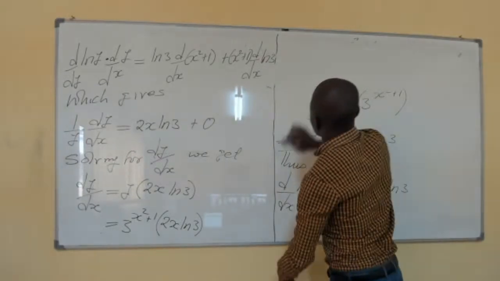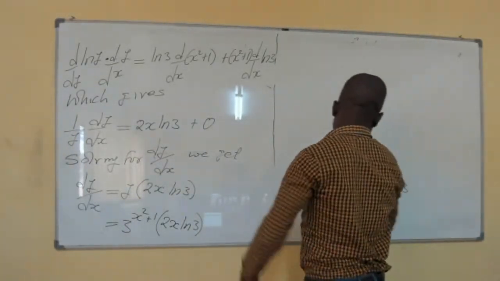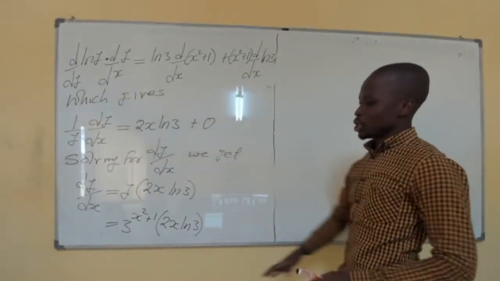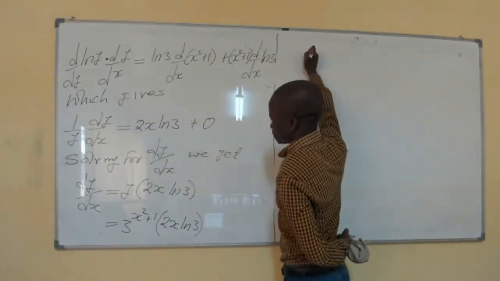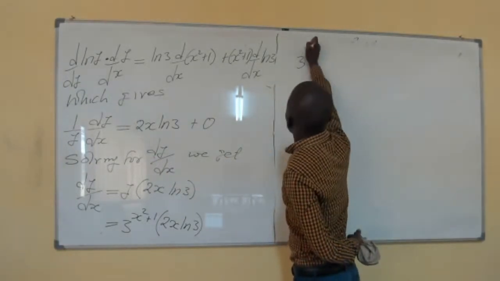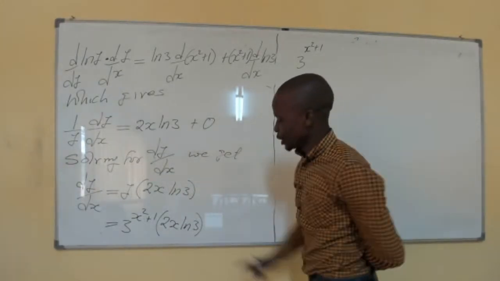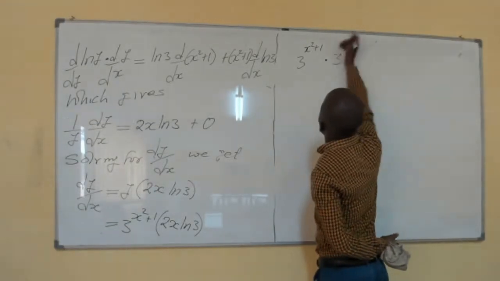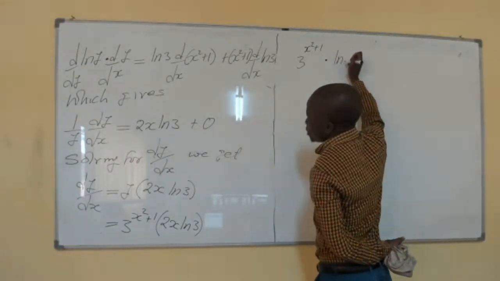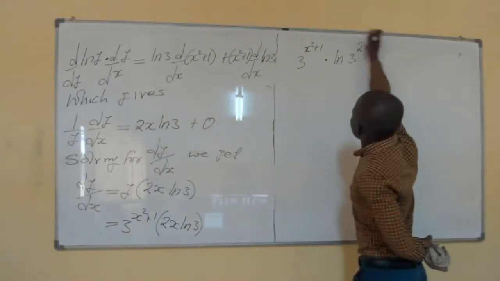So there are two ways here. You can either leave it as your final answer, or you can go further and bring it to this form: 3 to the power x squared plus 1, now 2x times ln of 3 is just ln of 3 to the power 2x.